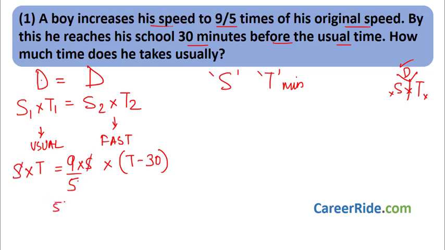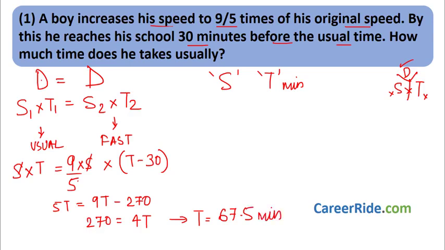We have 5T equal to 9 times (T minus 30), so 9 times 30 is 270. So we have 270 equal to 4T. So what do we get? T equals 67.5 minutes. So the boy usually takes 67.5 minutes to reach the school.